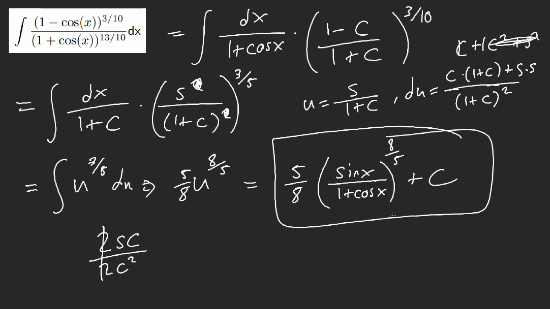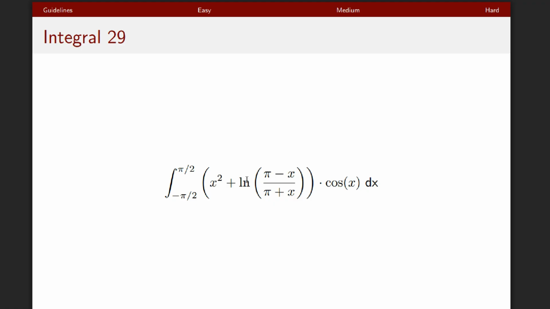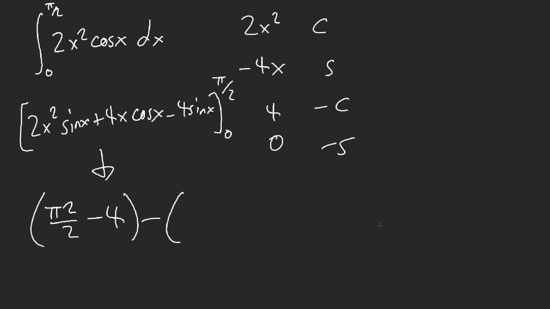This cancels out, and this cancels out, and you get tangent x over 2. Okay? This is an odd function, so that's equal to 0. So we get x squared cosine x. Alright, no problem. Oh, but this is also 0. Oh, wow. Okay, awesome. So it seems like our answer is pi squared over 2 minus 4.